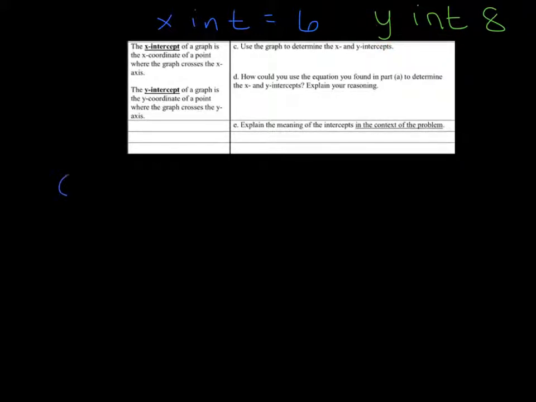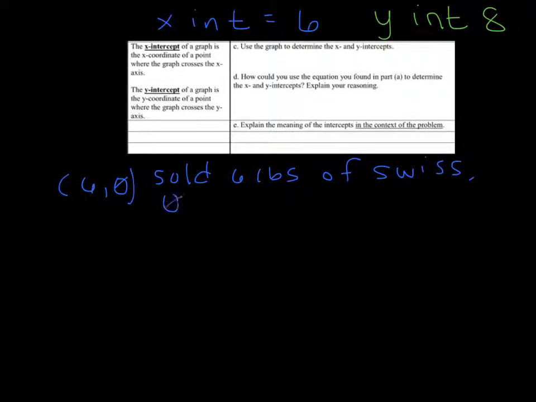So my x-intercept was (6, 0). If we go back to our labels, it will help us interpret the point. We know that they must have sold 6 pounds of Swiss, because that was what the 6 represented in the X part, and 0 pounds of cheddar, according to this ordered pair.